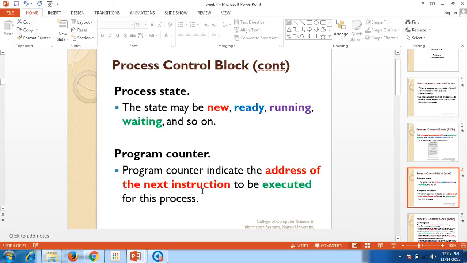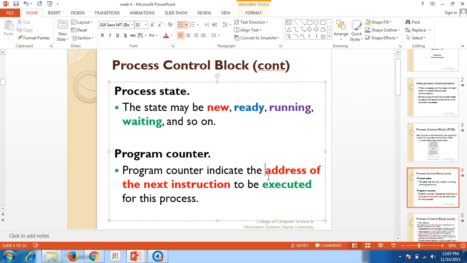Whichever instruction our processor gets, it will work accordingly. So program counter contains the address of the next instruction to be executed. First it will give one instruction, and then when the CPU finishes the execution, it will give the second instruction, and so on. So this is the second component of process control block, the program counter.